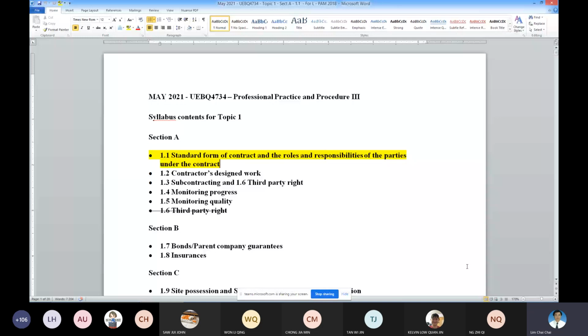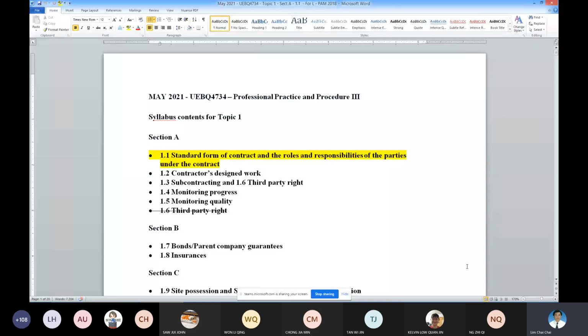because it is impossible within the few hours of lectures per week to cover all the standard forms. But once you have a good grounding of the standard form on one of them, you have to make use of that knowledge and then read up other standard forms and see how they are modified or fine-tuned to suit that particular type of contract.